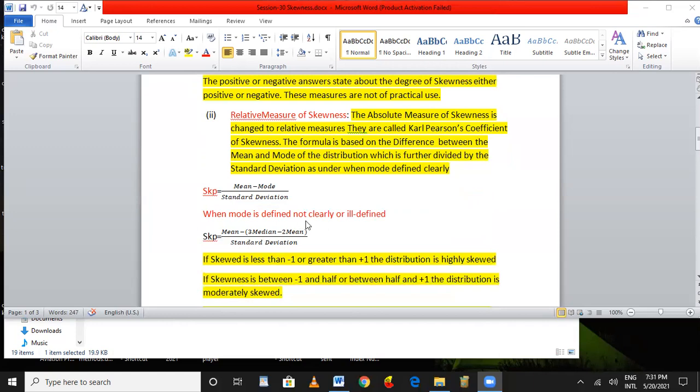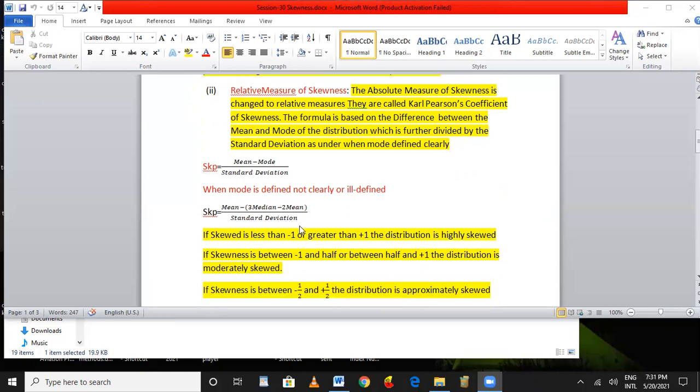When the mode is not defined clearly or is ill-defined, the first formula can still be used for Karl Pearson's coefficient of skewness: mean minus mode over standard deviation when the mode has been defined. If it is ill-defined, we have to go for the next formula, that is, 3 times (mean minus median) divided by standard deviation.